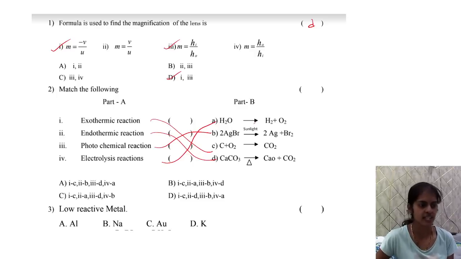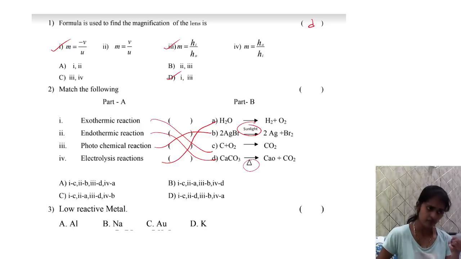Sunlight is there, so that is photochemical. Electrolysis you know already, and here heating is done, heat is absorbed, endothermic. So the remaining one is exothermic.